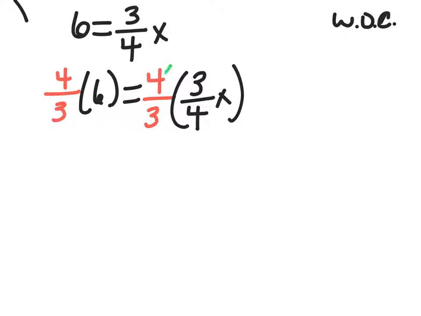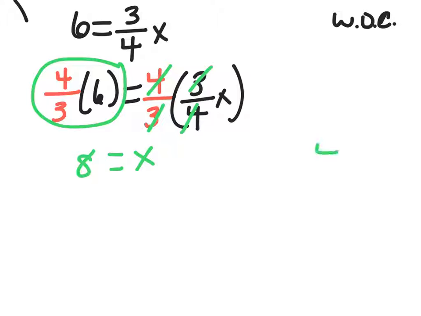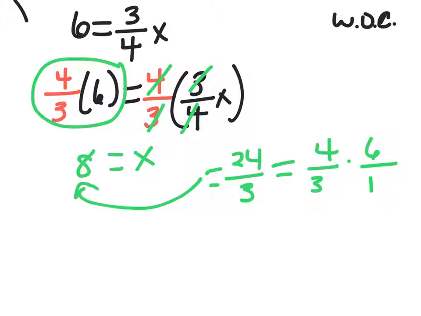We can see that these cancel each other out, and this side will work its way out to equal x. Just to make sure you saw how we get the 8 there, do it backwards: that's 24 over 3, and that equals 8.